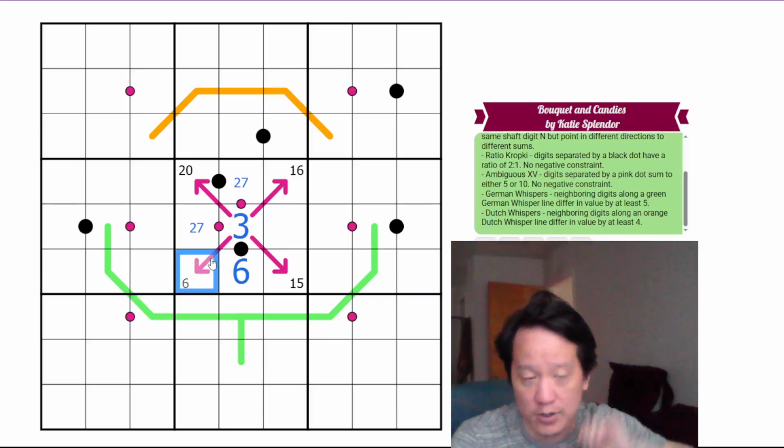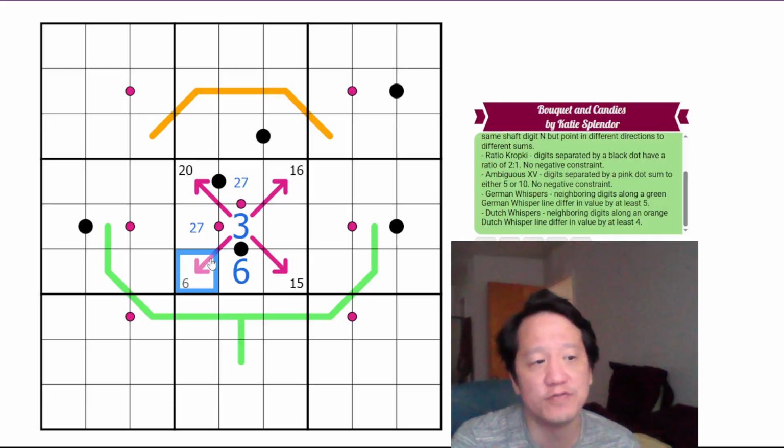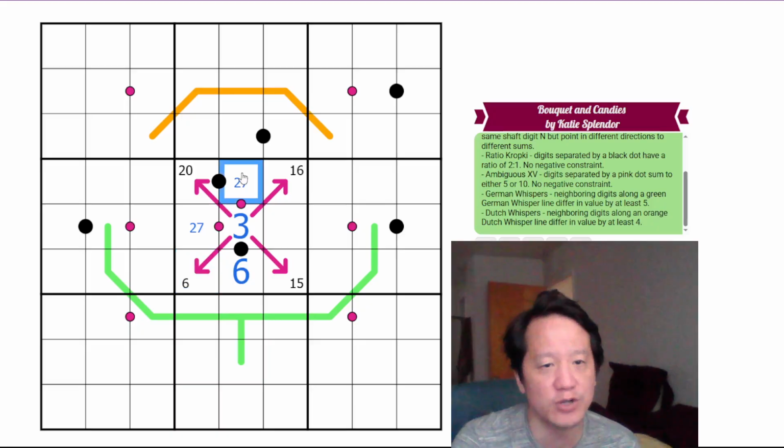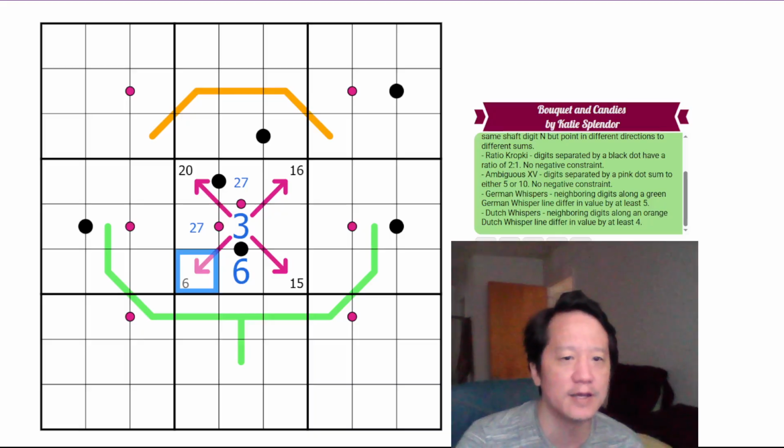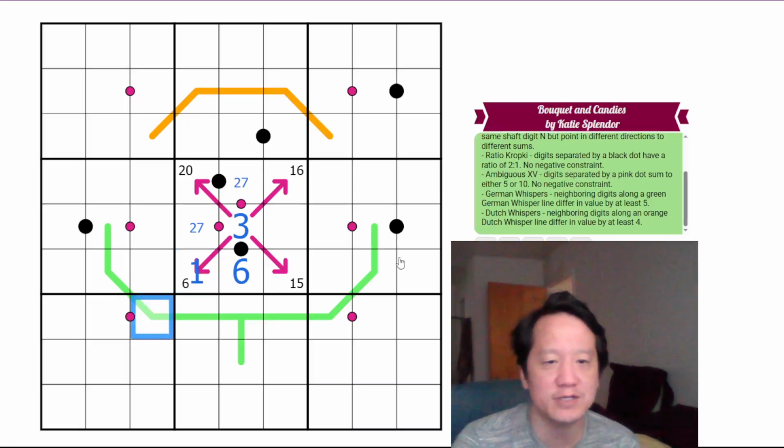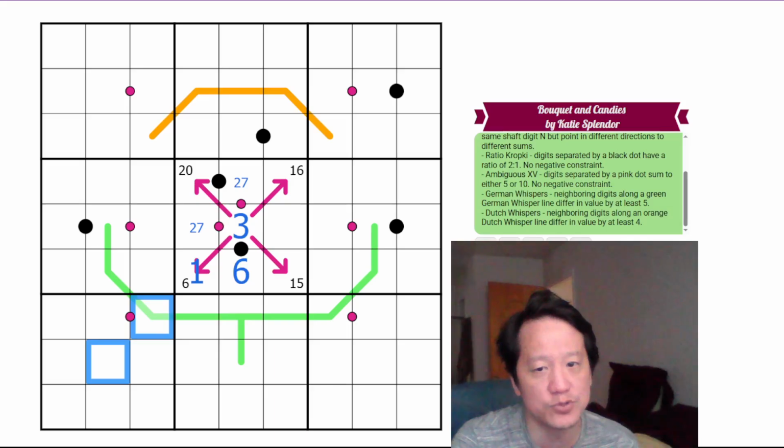So this digit here must be a maximum of 3 itself. Well, the thing is, because we have a 2-7 pair in the box and a 3 in the box, this can't be 2 or 3, it has to be 1. Which means these 2 digits must add up to 5, which is 6 minus 1.